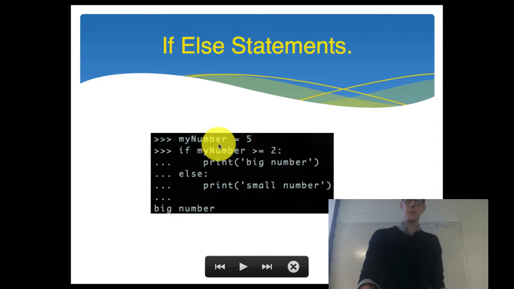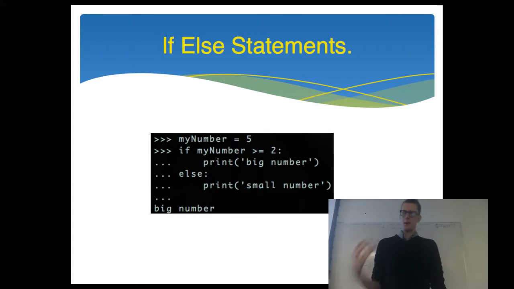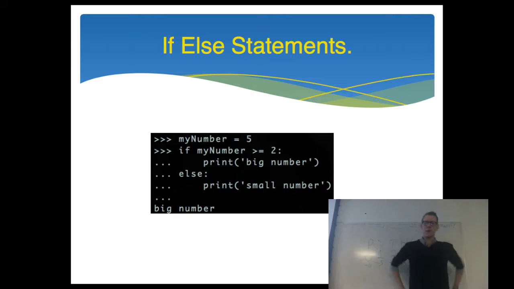I define a variable called myNumber, set it equal to 5, the same way we've defined every other variable. On the left of an equal sign is the variable name, on the right is the variable value. Then I have my if statement, and the if statement syntax in Python looks like this. We have the keyword if, that has to be if, you can't change that. So then we have if, space, and then some condition that evaluates to true or false.